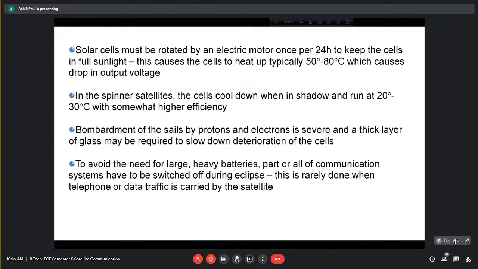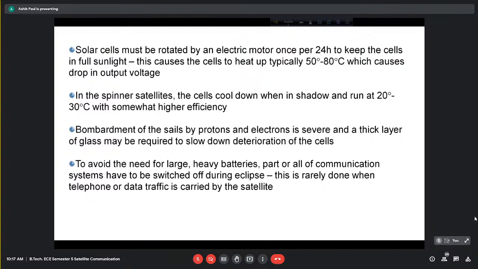But in a spinning satellite, because some cells are not fully illuminated, the cells cool down when they are in the shadow and run at temperatures of around 20 to 30 degrees Celsius, and they have somewhat higher efficiency. During the eclipse period, in order to avoid the requirement for large and heavy batteries, sometimes part or all of the communication systems have to be switched off.